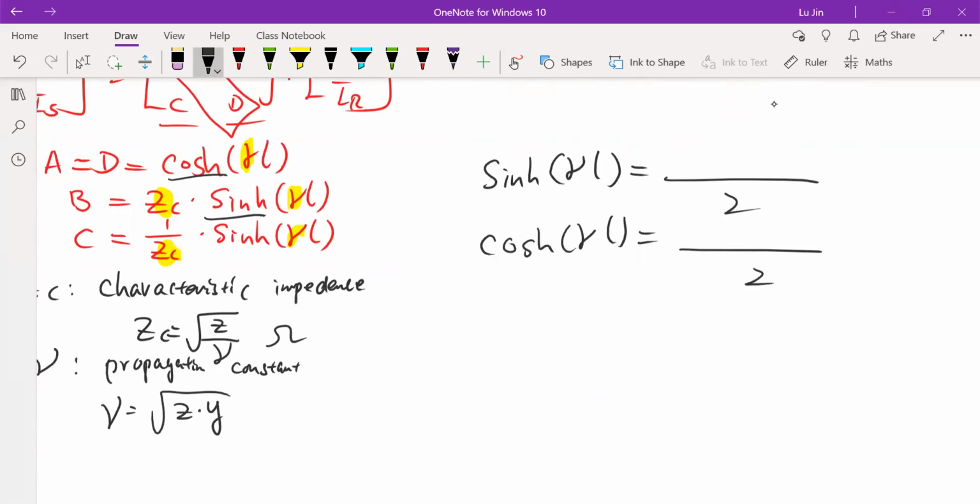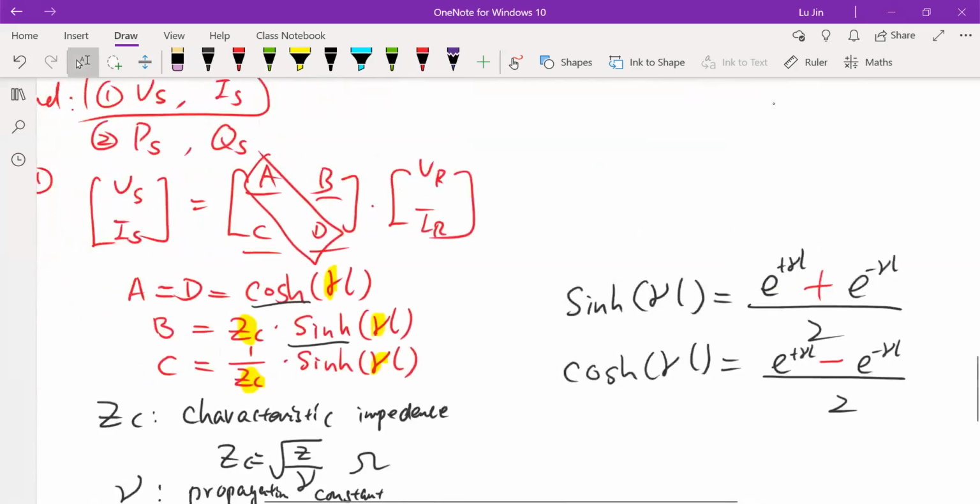They are all e power to positive gamma L and e power to negative gamma L. The same thing, but the signs are different. For the sin function, it should be a minus between these 2 exponential functions, but for the cos function, it should be plus. Get that? Okay, after understanding this, the calculation should be easy.